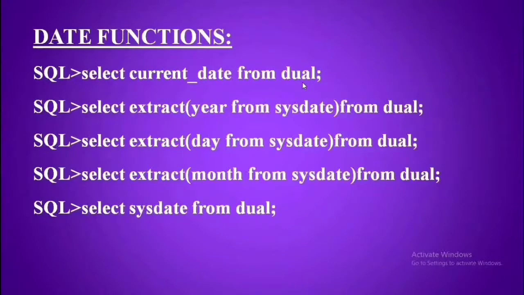It can be used for table reference in the FROM clause. The first displays the present date, the second command is used to display the present system year, the next command is used to display the present day in the system, the next command is used to display the month, and the last command is used to display the system date. From dual is the table name. This is a dummy table.